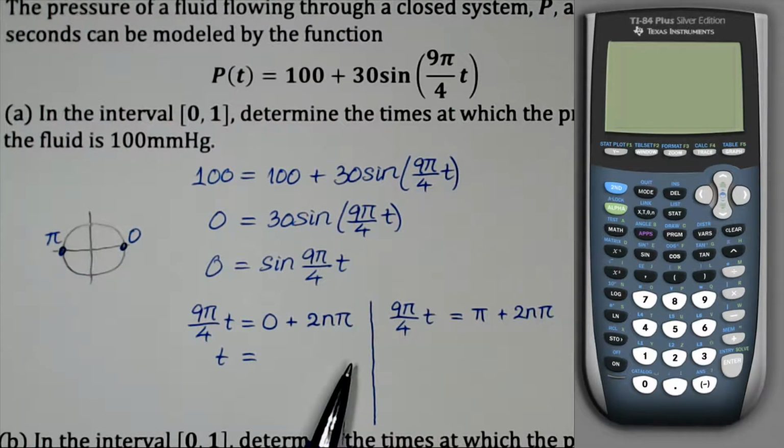So we will take 2 and then divide it by 9 over 4. That will be 8 over 9.